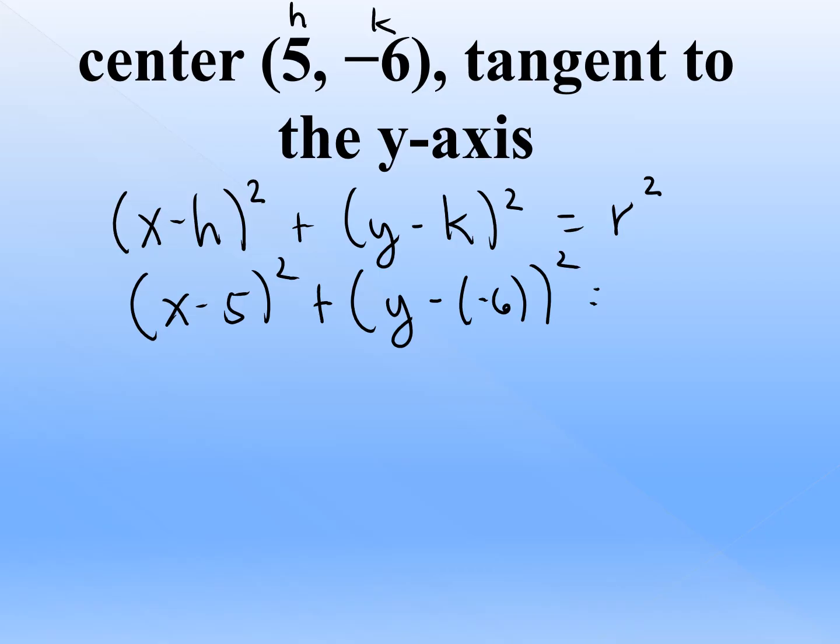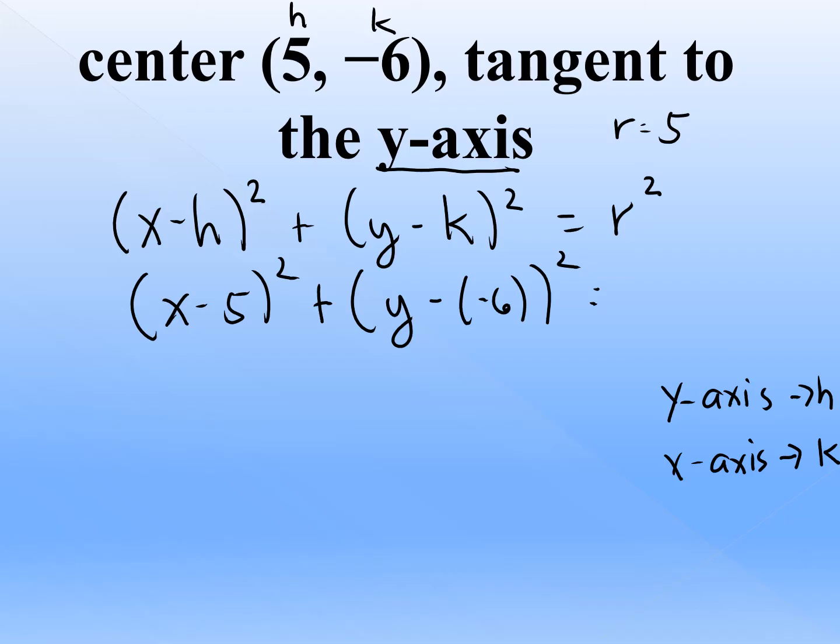If you are asked for tangent to y-axis, we will just simply use the value of h. And if it is tangent to x-axis, we will be using the value of k. Since this is tangent to y-axis, we will be using the value of h, which is equal to 5. So therefore, r is equal to 5.